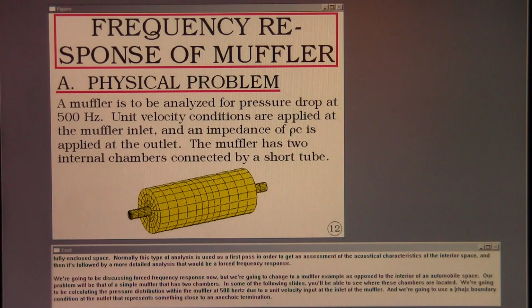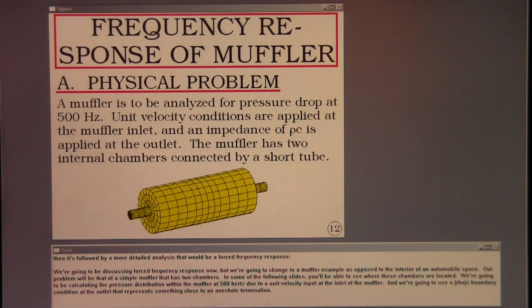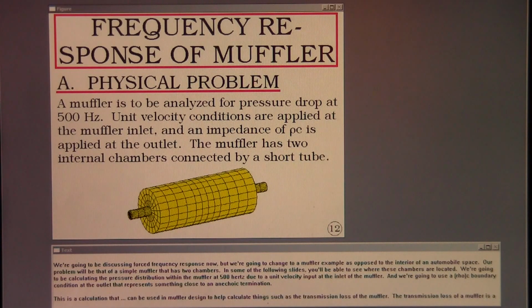We're going to be discussing forced frequency response now, but we're going to change to a muffler example as opposed to the interior of an automobile space. Our problem will be that of a simple muffler that has two chambers. In some of the following slides, you'll be able to see where these chambers are located.